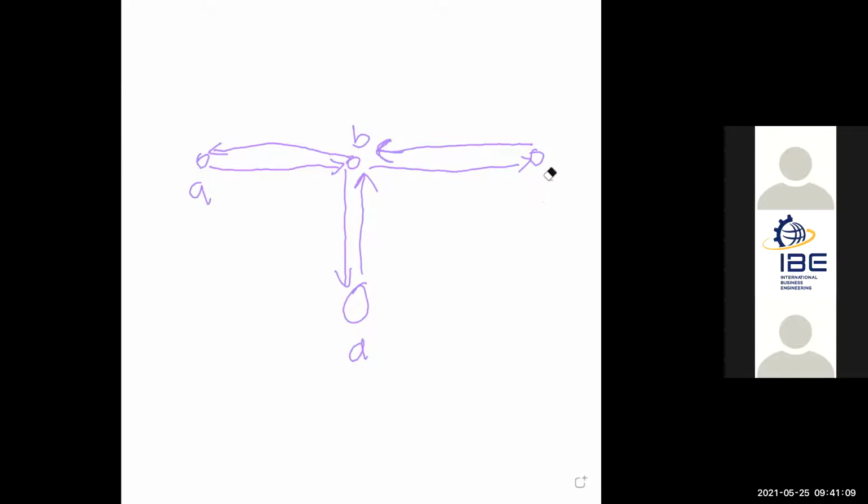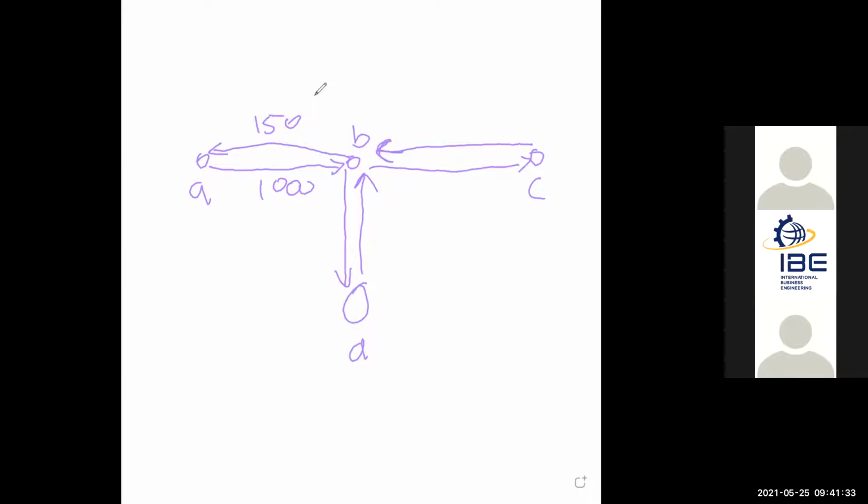Okay, so AB is 1,000. Right, AB is 1,000. Then BA is 150, right?